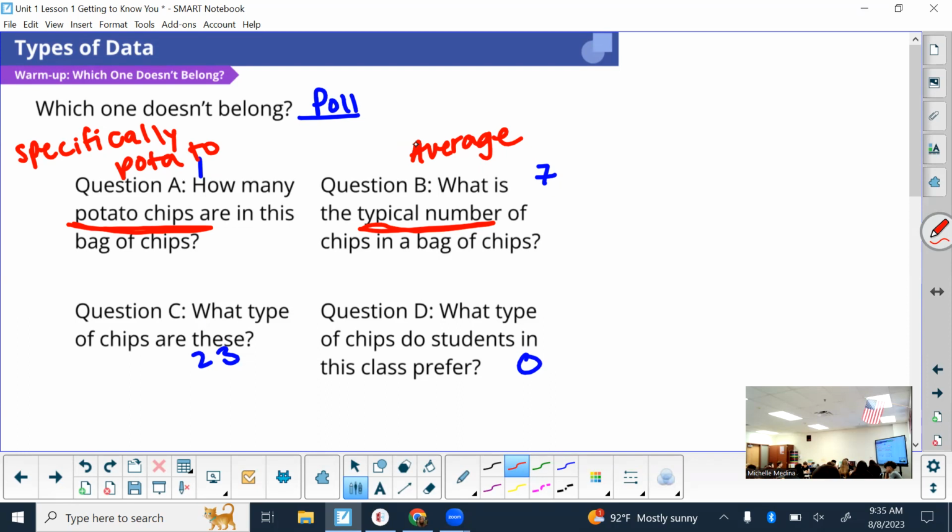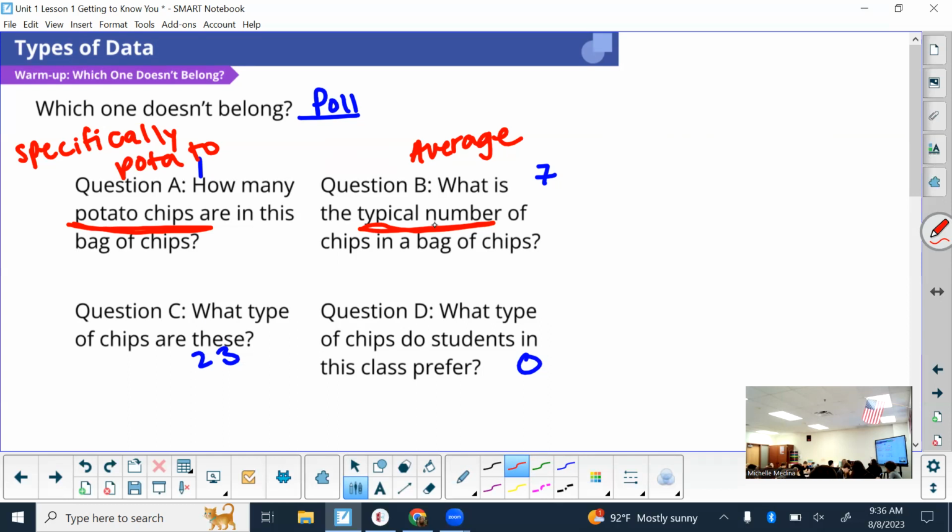Would you say that there's like 10 chips usually in the bag of chips? Okay, maybe it depends on the type of chips. All I asked for was an example of an answer. So what are some examples of answers to this question? 24, 10. Other examples. 3 maybe.